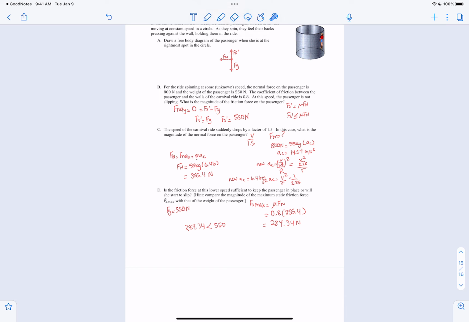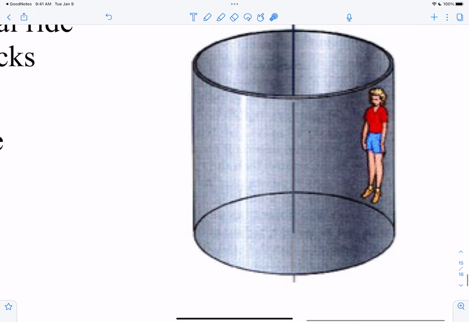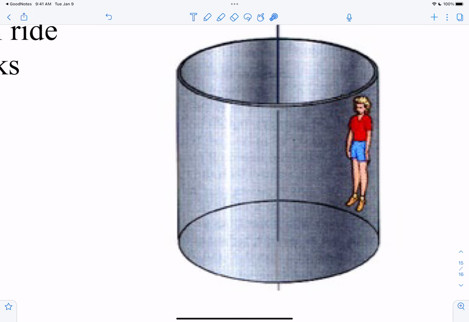Yep, go ahead. So in that case, they're not slipping, right? And the weird thing about static friction force is that it's the force here that is keeping the person static, still, not slipping.